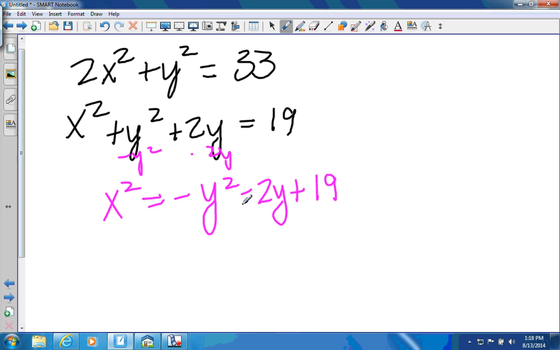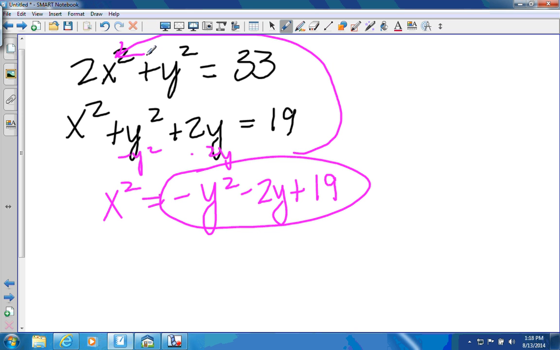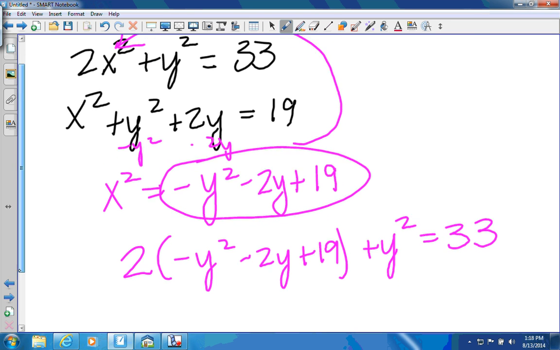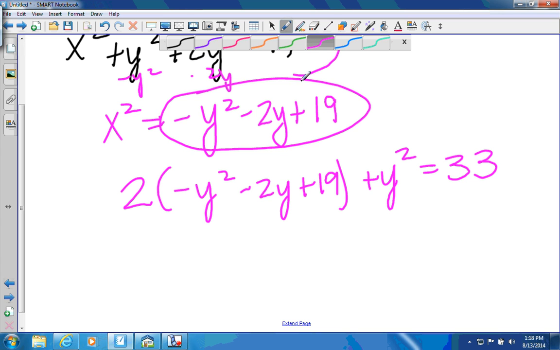So once that gets put into the other equation, we get y squared minus 2y plus 19 plus y squared equals 33. And solve this, get it all to one side.